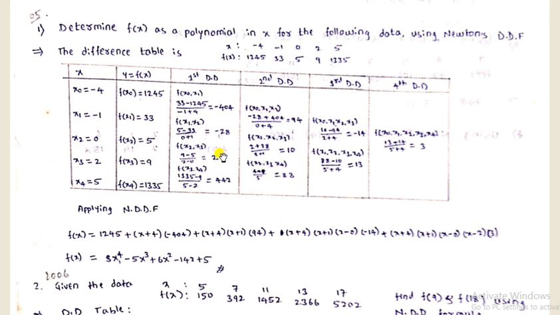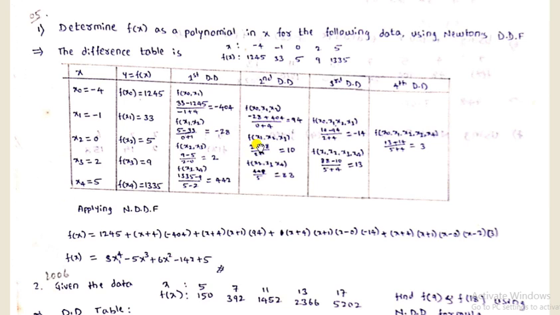Subtract f of x0 x1 from f of x1 x2. That gives -28 minus of -404, whole divided by x2 minus x0, 0 minus of -4, that becomes +4, which gives the result 94.